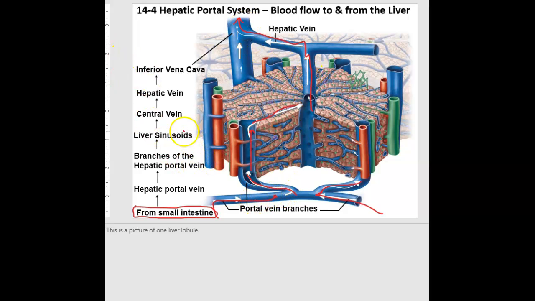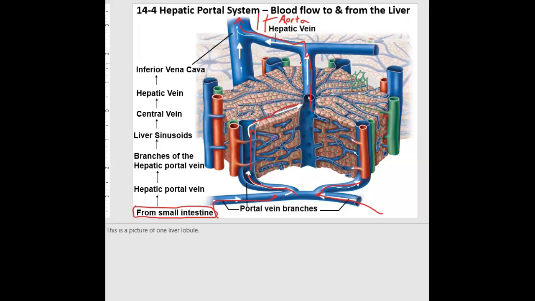Now, of course, there is arterial blood supplying the liver as well, because the liver is going to need oxygen. And the aorta would come down approximately here. And then from the aorta, a branch comes off called the celiac trunk.